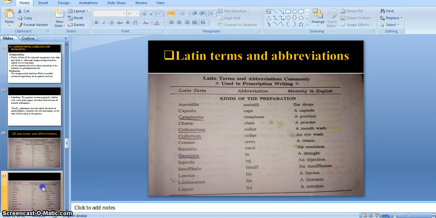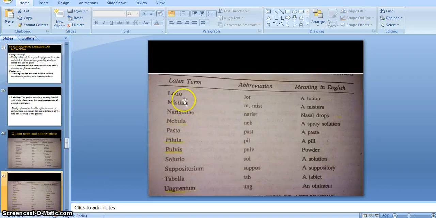Then next, the same. Lotio is lotion. Mistura is mixture. Naristilla is nasal drop. Nebula is spray solution. Pasta is paste.